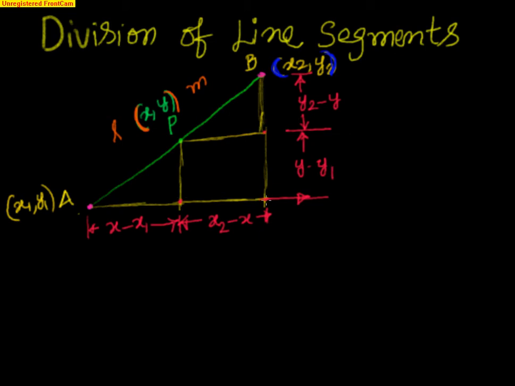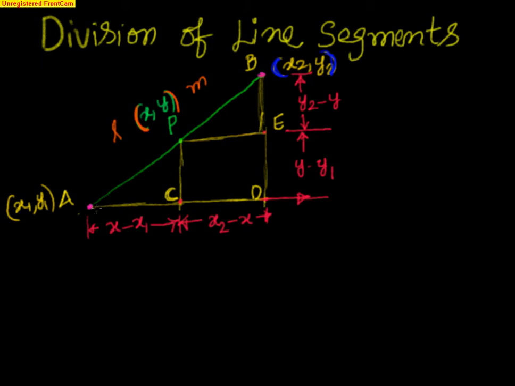Let's also name these perpendicular points. Let me say this is C, this is D, and this is E. Okay, makes sense? AB is our line, P is the point for which we want to find the coordinates.